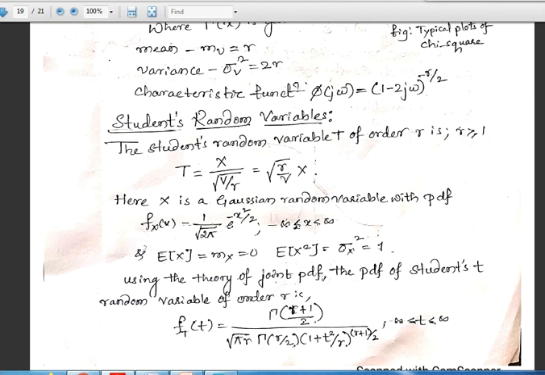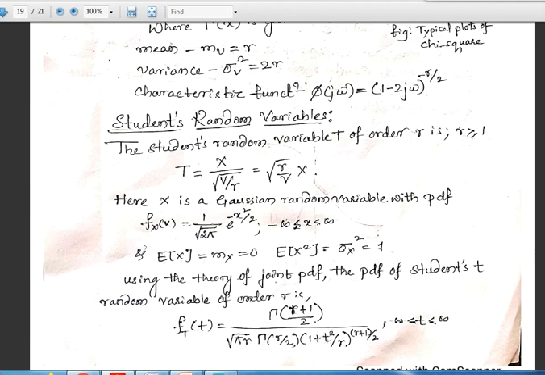Using the theory of joint probability density functions, we can write the student's t random variable PDF f_T(t) equal to gamma of (r plus 1) by 2 divided by root of pi r times gamma of r by 2, and 1 plus t square by r raised to (r plus 1) by 2, where t is in between minus infinity to plus infinity.